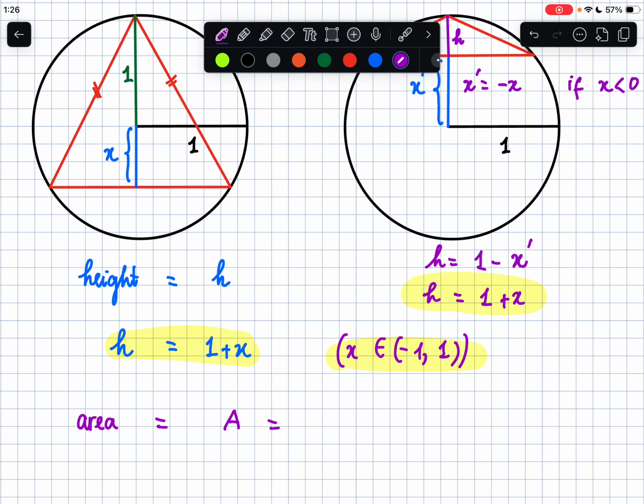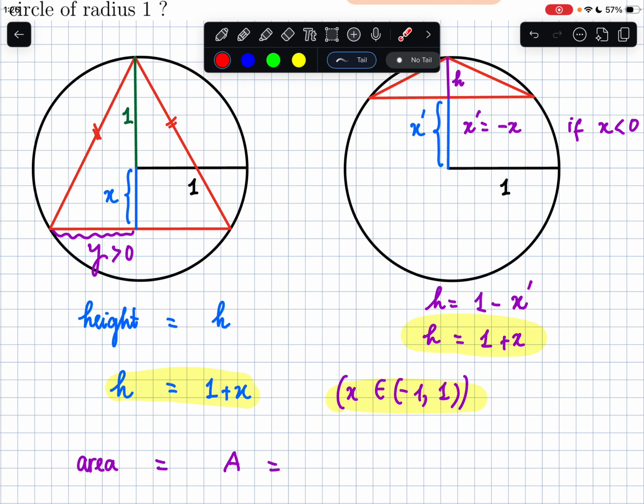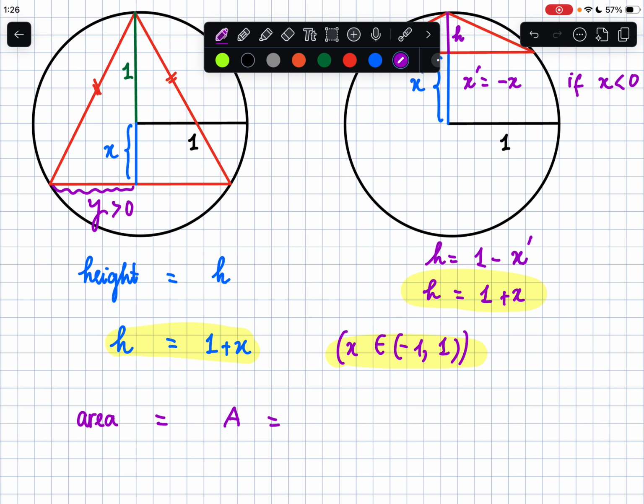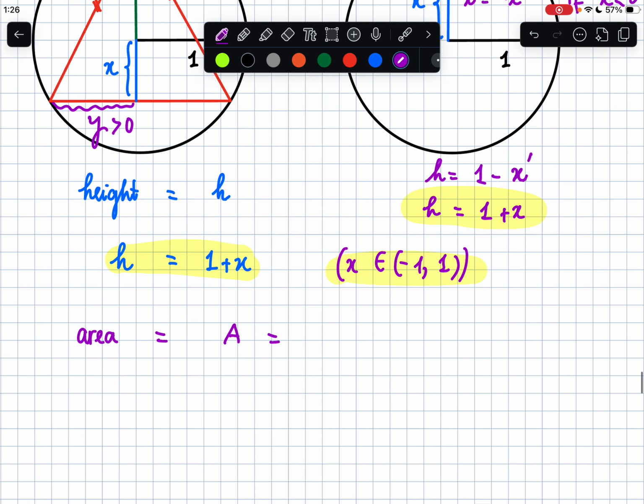Let me denote this length here by y, y bigger than 0, half of the base.